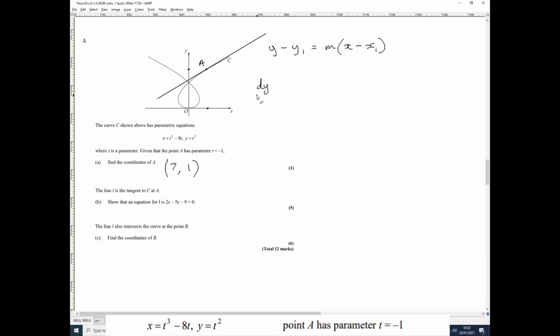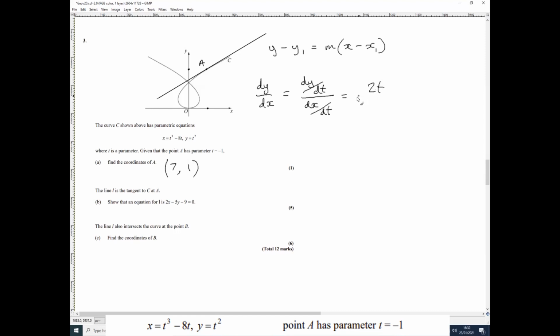Okay, so the same routine. Because we don't have y to differentiate in terms of x, nonetheless, we know dy/dx is dy/dt over dx/dt. So dy/dt is 2t.